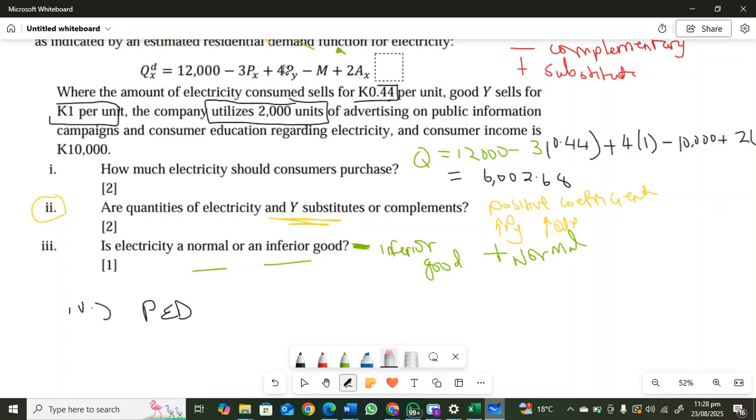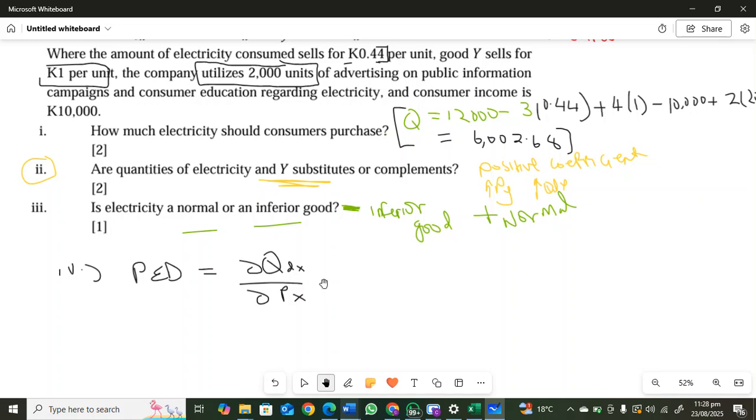So if they bring any question on elasticity of demand, first things first, you need to get this Q, the 6,002.68. Then the price elasticity of demand is the partial derivative of the demand function with respect to Px.